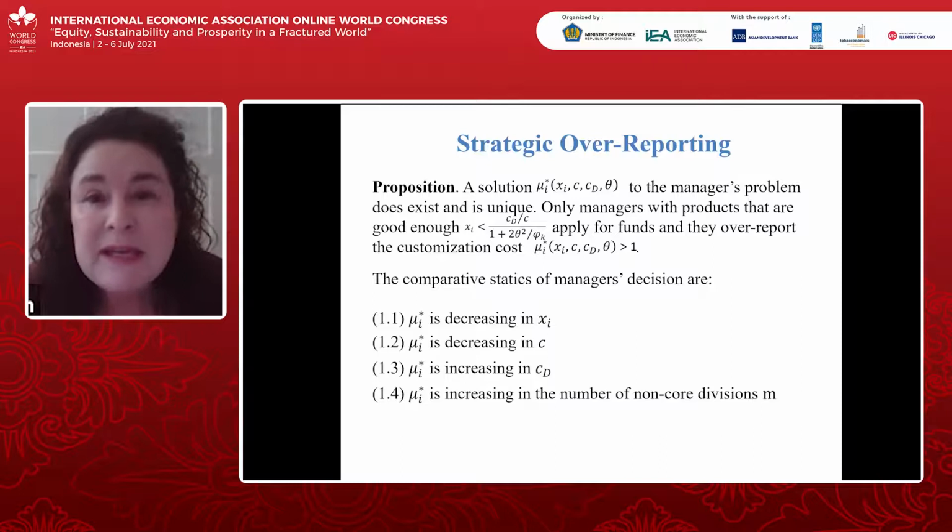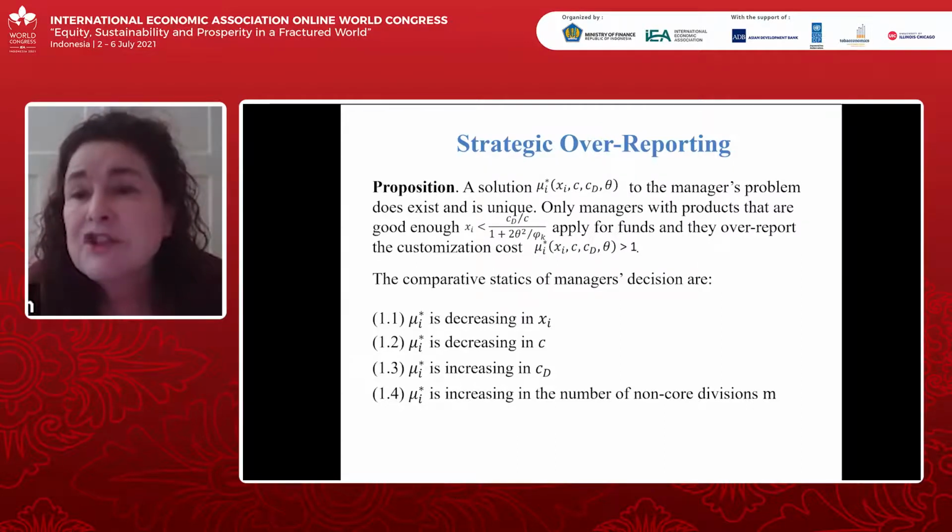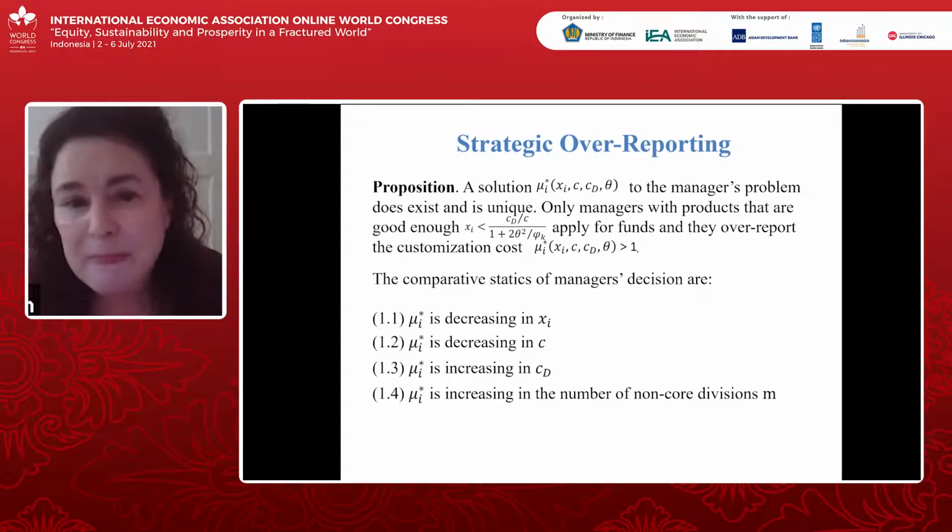So that brings me to our proposition. Basically what we show is that the solution for this over-reporting factor exists and is unique. And what we show is that only managers with products that have sufficiently small marginal cost apply for funds, and they over-report the customization costs, meaning that mu I is going to be larger than 1.